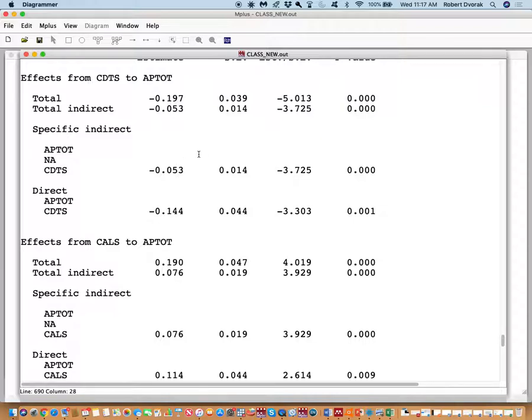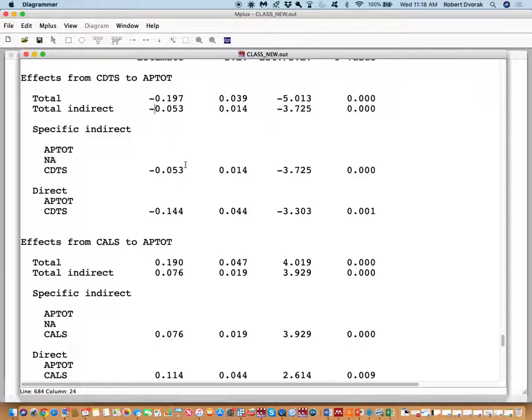And sometimes you will have competing specific indirects, where you have a specific indirect from one variable that's positive and a specific indirect from another variable that's negative, and you wind up with a total indirect that is 0, or non-significant.